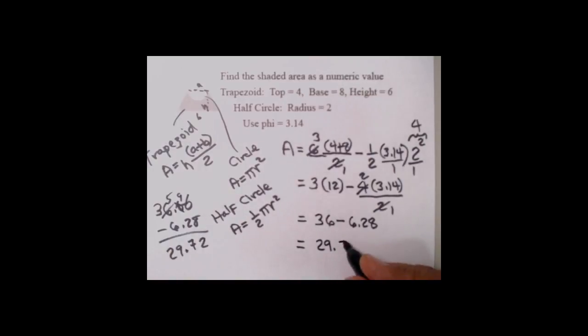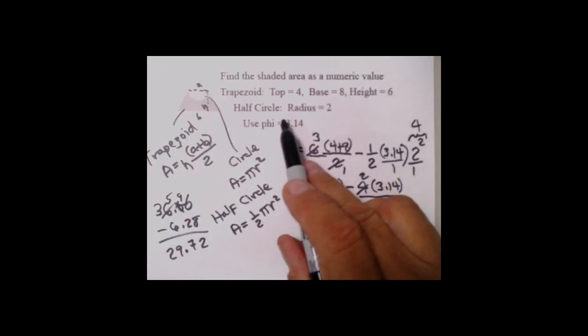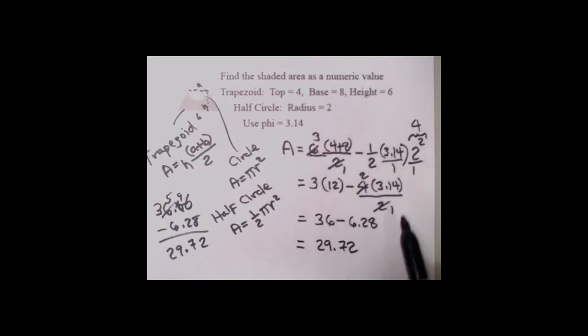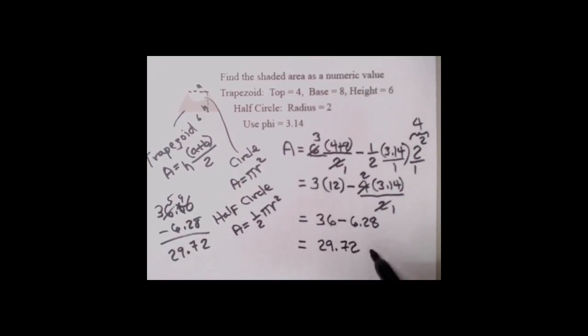So 29.72. Now they didn't tell us whether these were inches or feet or anything else, so there's nothing else we can add down here. But remember, if you are given units, you do have to indicate what they would be.